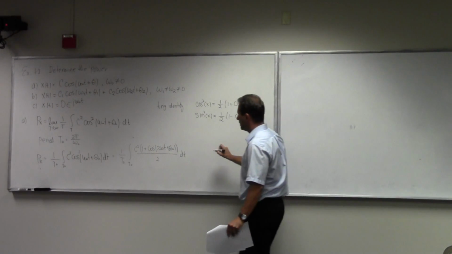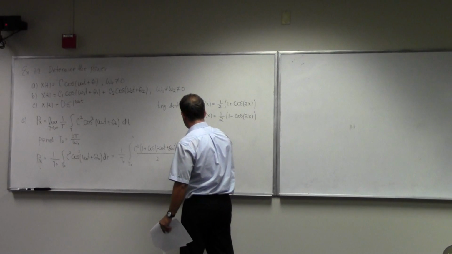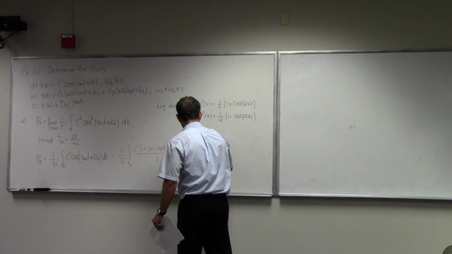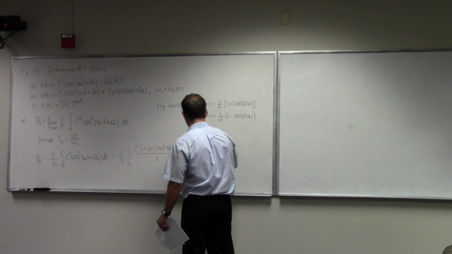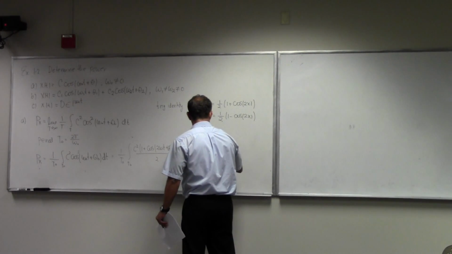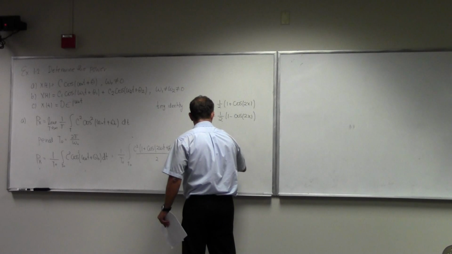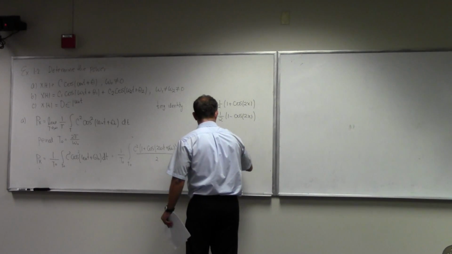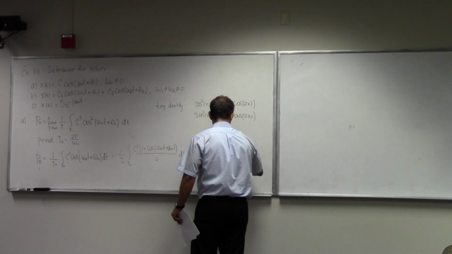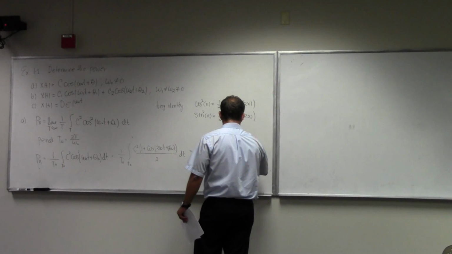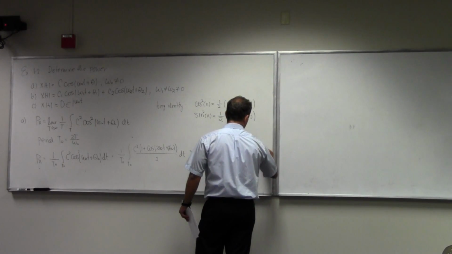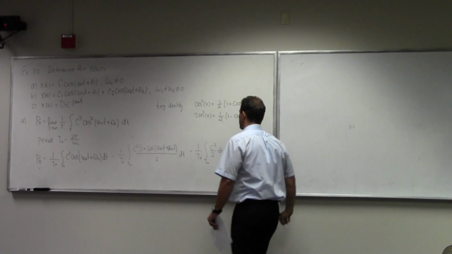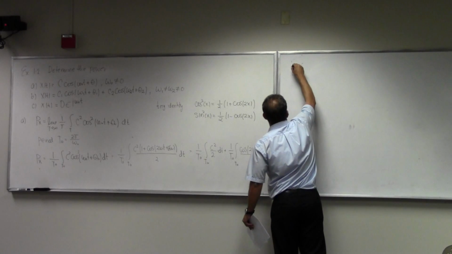In this case, the power splits into two integrals: 1 over t0, integral over t0, c squared over 2, dt, plus 1 over t0, integral over t0, cosine of 2 omega 0 t plus 2 theta 0, dt, everything divided by 2. So what are the values here?